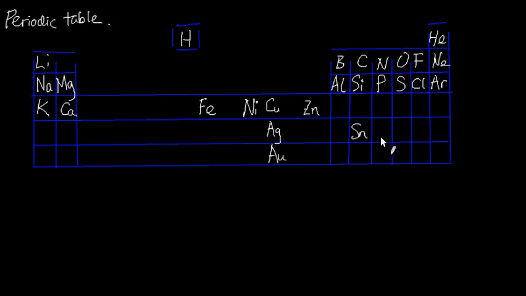Tin, of course, if you have ever eaten canned food, a can of sardines, that's what the tin is made of. Lead. Okay, lead. Let's see. Now there is down here bromine, and iodine. If you ever had a cut, you might have used iodine solution to rub on your cuts to kill the germs.